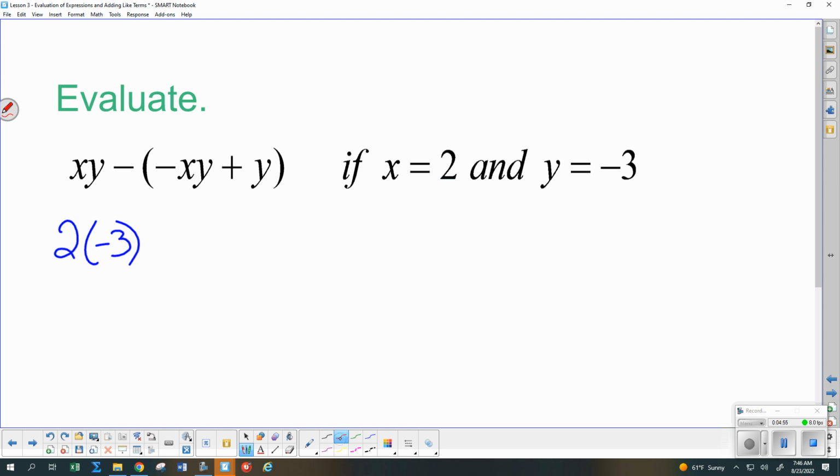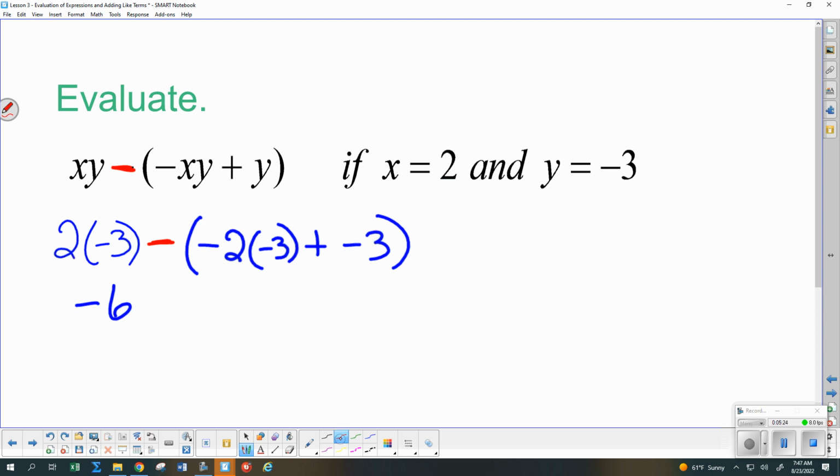Then I have this minus sign out here, and I'm just going to go through and plug everything in first. Then I have minus the 2 times a minus 3 plus a minus 3, and then I need to close that whole parentheses. 2 times negative 3 is how much, everyone?